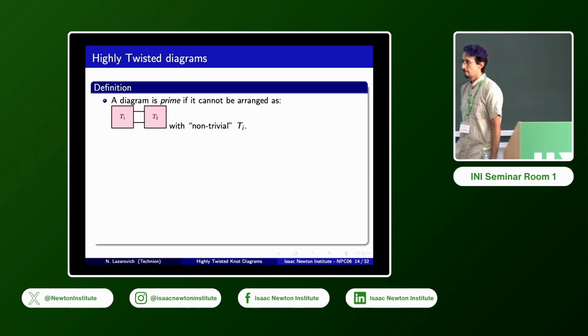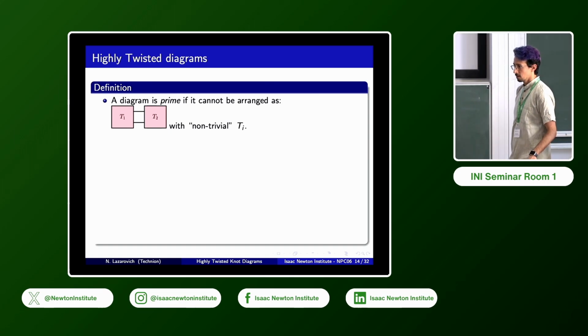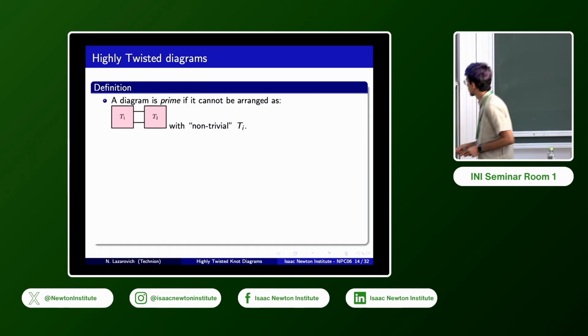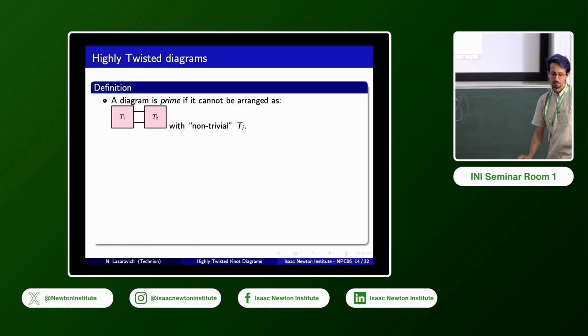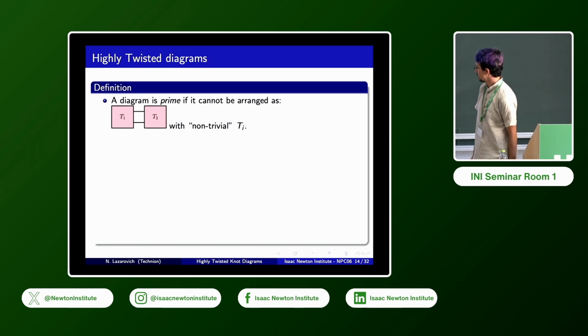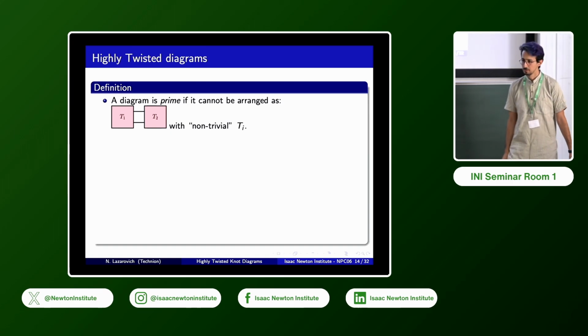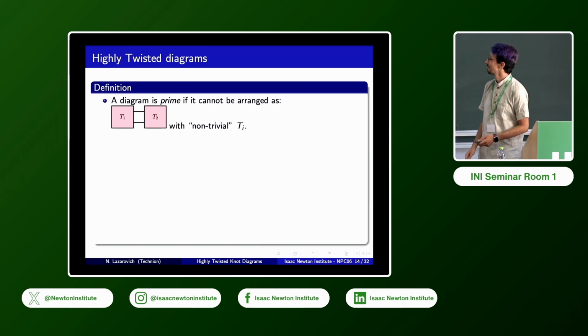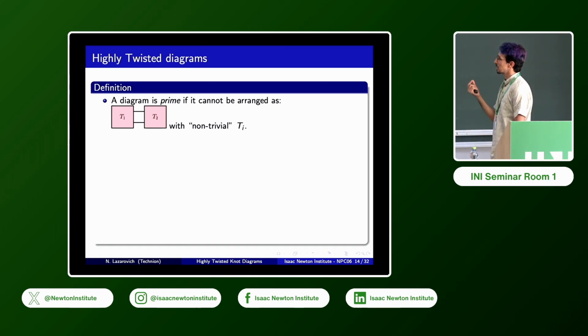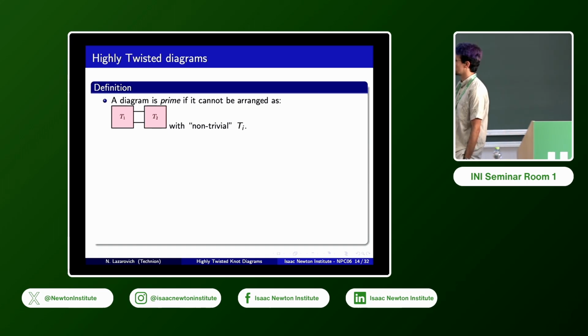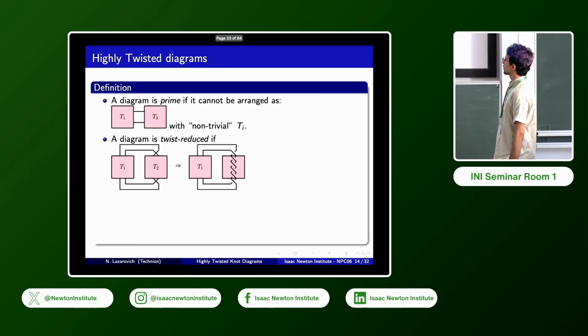When you say non-trivial, you mean it has some crossing, as diagrams, not as knots. Yes. The point is that it's something you can stare at the diagram and check. If it's small enough, you can see immediately if it's prime or not.